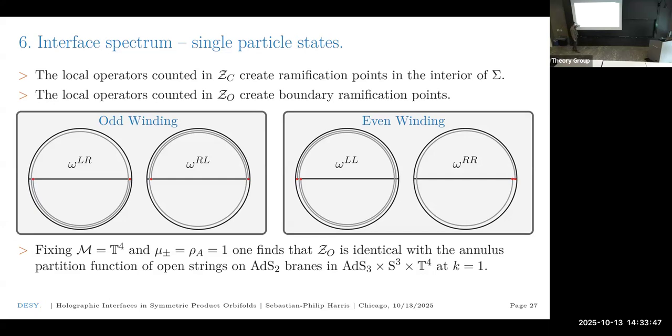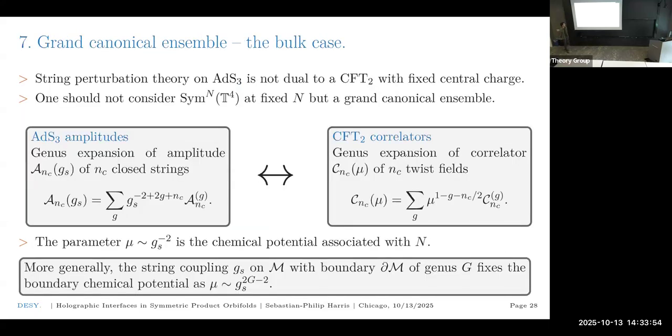So on the level of the spectrum, you have strong evidence that this is a correct holographic description. You've reproduced the entire open string spectrum.